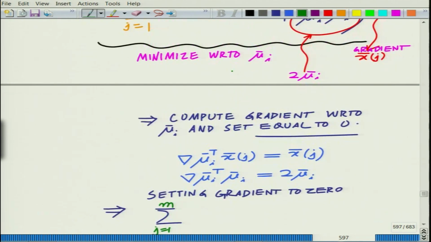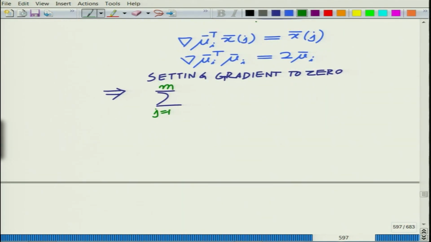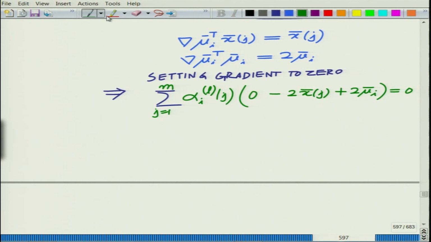The first term does not depend on mu bar i, so its gradient will be equal to 0. So this will be the summation j equal to 1 to m of alpha i L of j into 0 minus 2 x bar j plus twice mu bar i, and this is equal to 0.